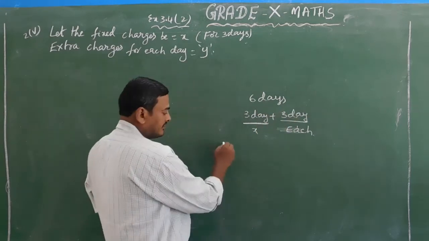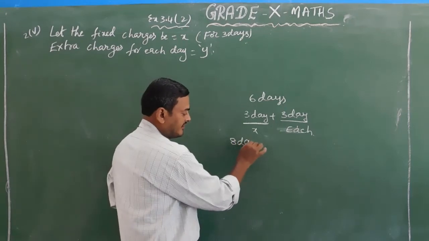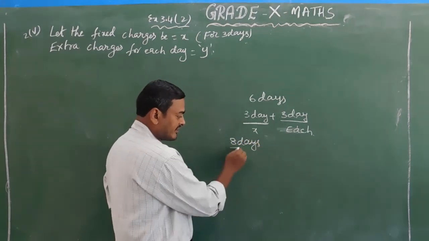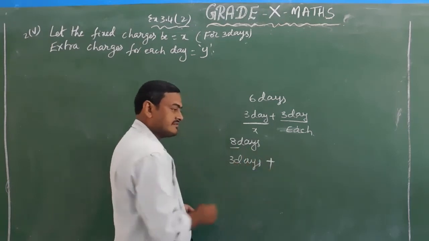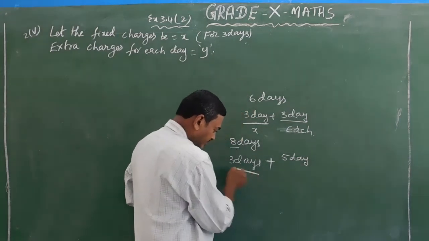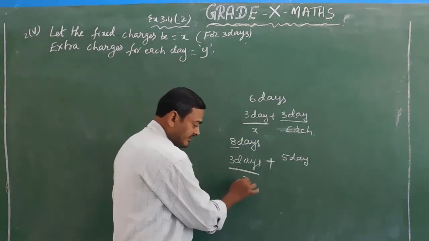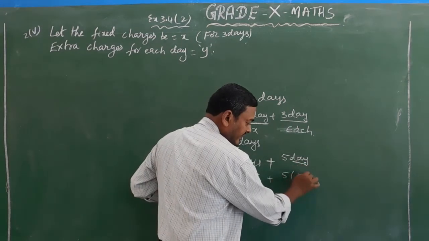For example, if we use the library for 8 days, how can we write it? First 3 days plus 5 days. So the first 3 days will be x, plus 5 into each day y.